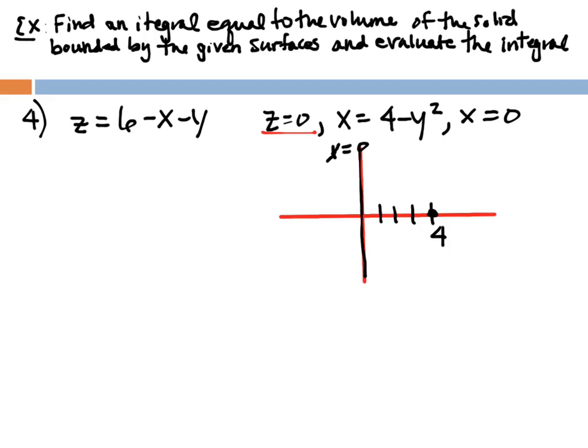Where's it going to cross the y-axis? 2. And negative 2. Fantastic. All right, so my parabola is going to look like this. And it's got to be trapped between that parabola and the y-axis, because I already drew that y-axis and it is one of my boundaries. So I end up with this space inside.